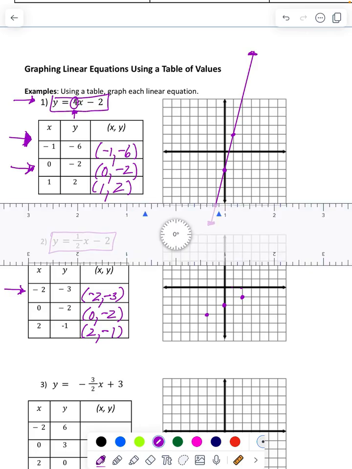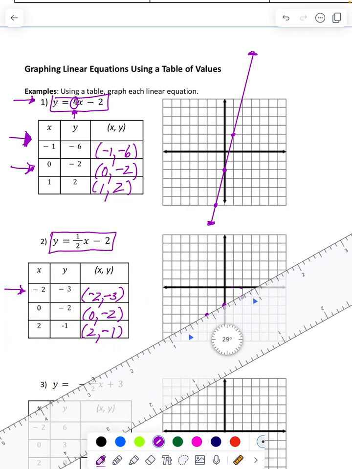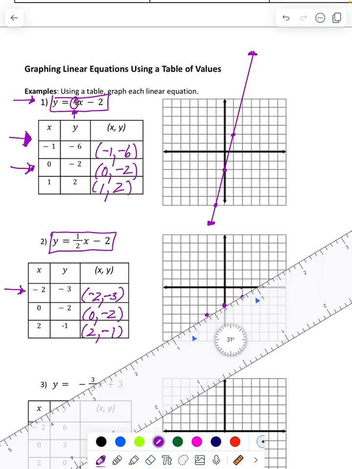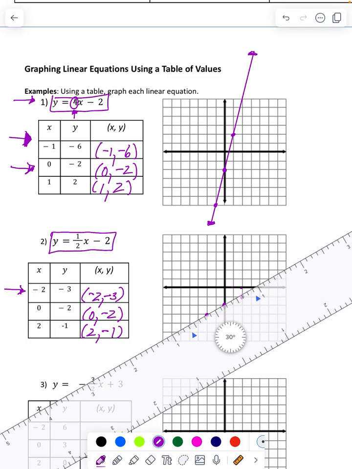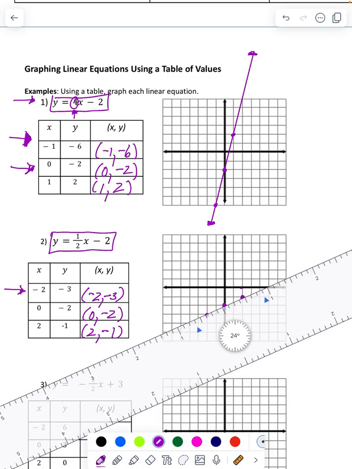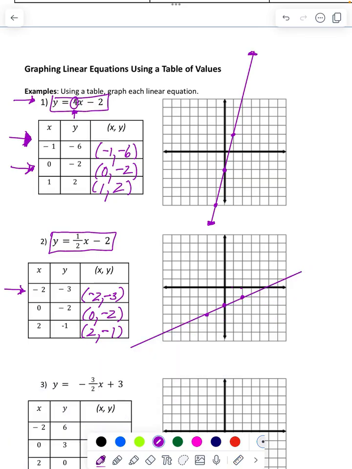So let's draw our line. Nice and straight. Don't draw messy, ugly lines, please. Okay. Arrows on the end. And you're all set.